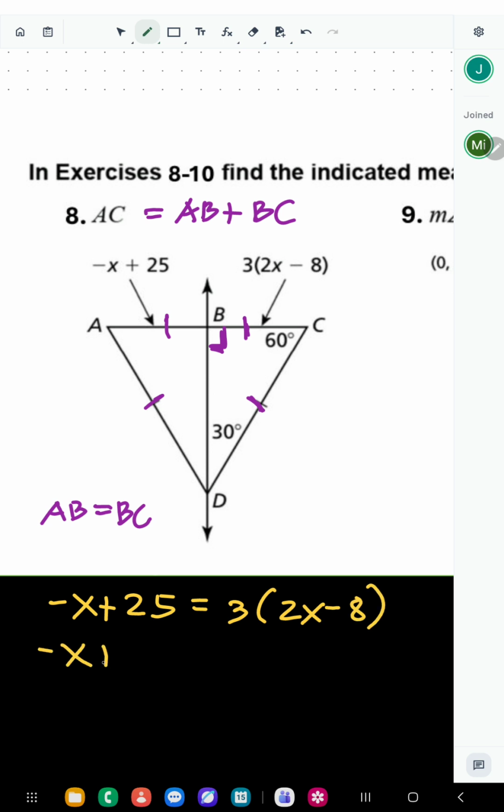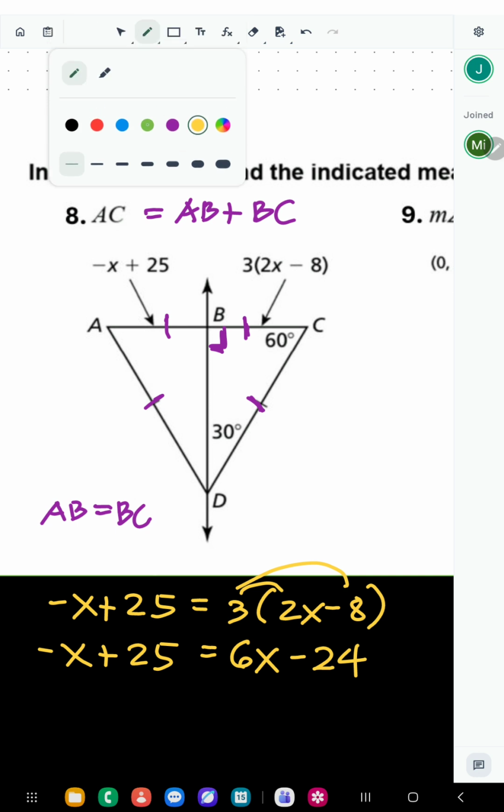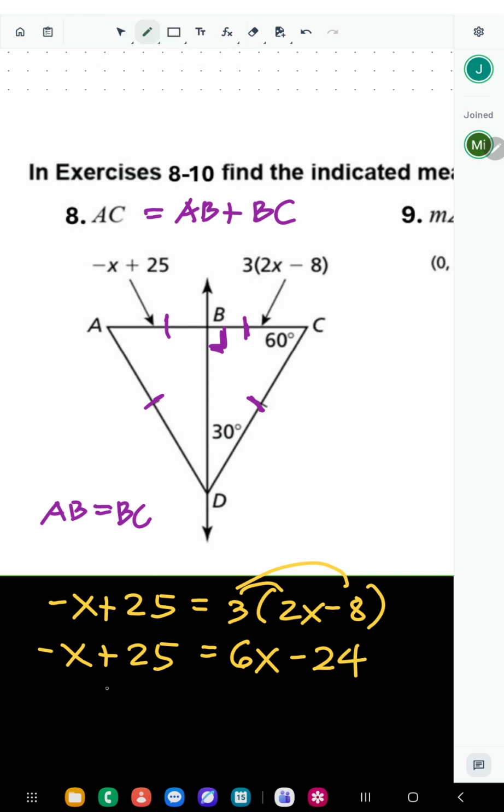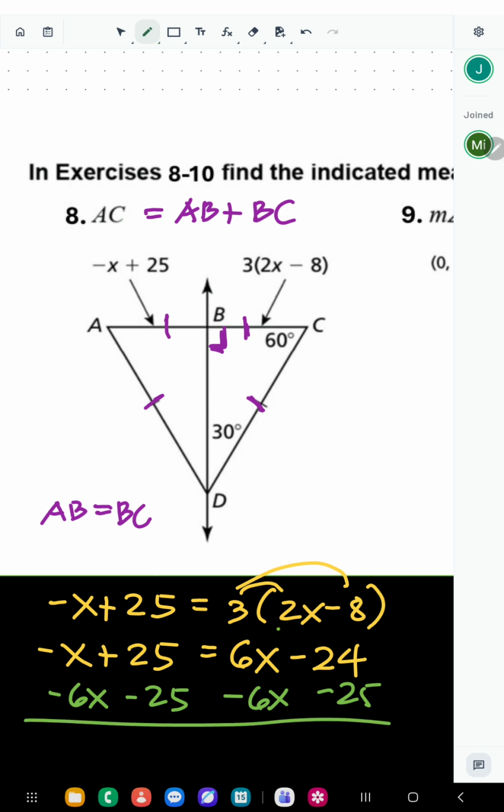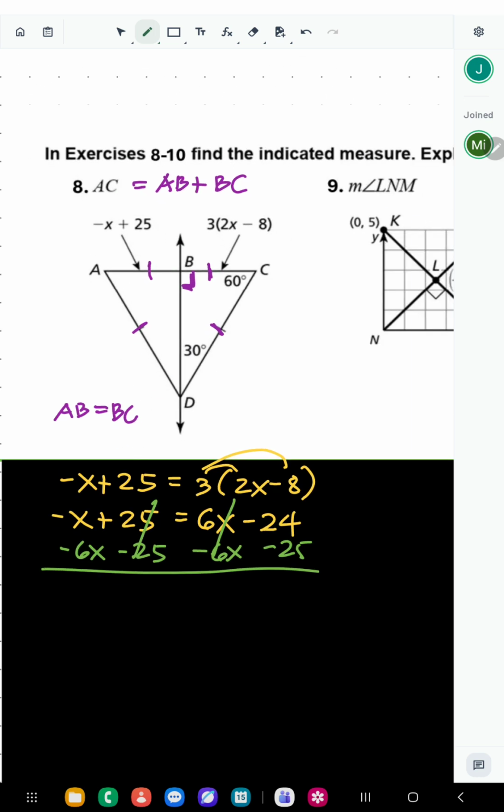We distribute 3, so 6x minus 24. Then we subtract 6x and 25 from both sides. So this cancels out. Then we have negative x minus 6x equals negative 24 minus 25.